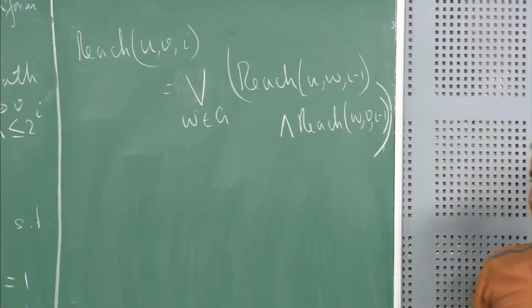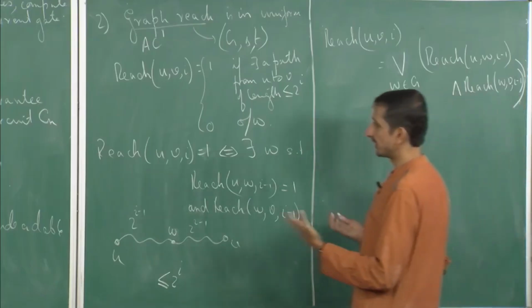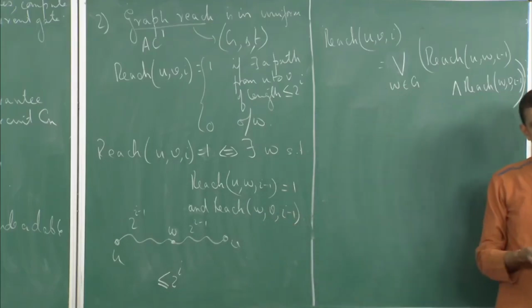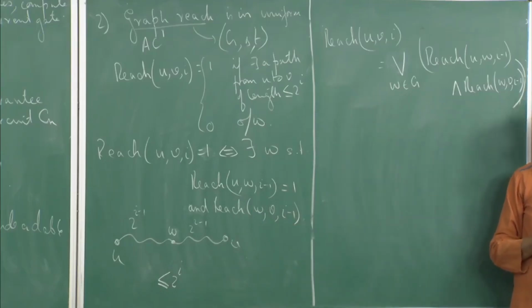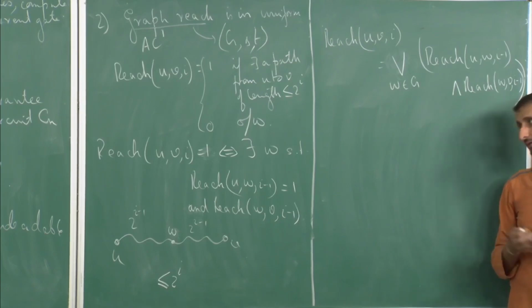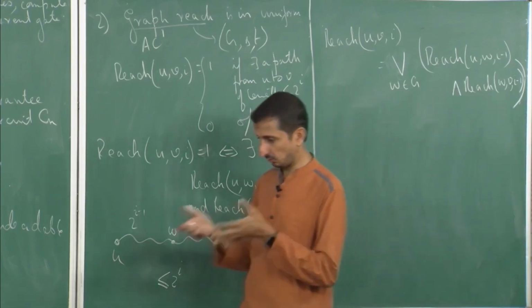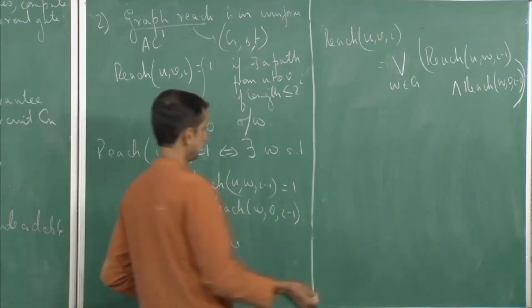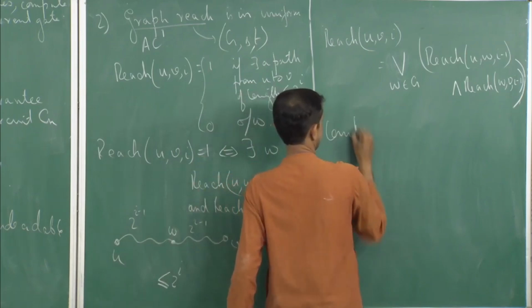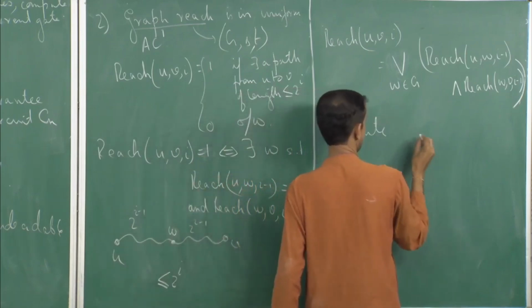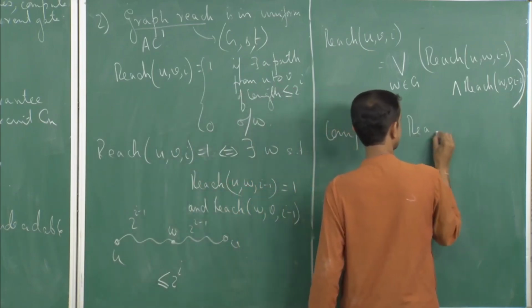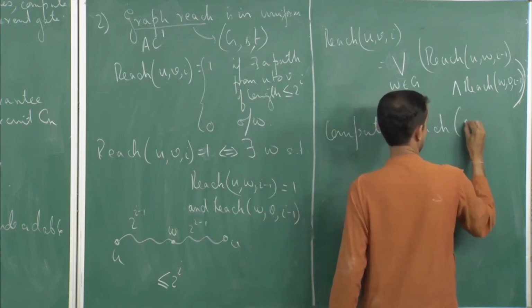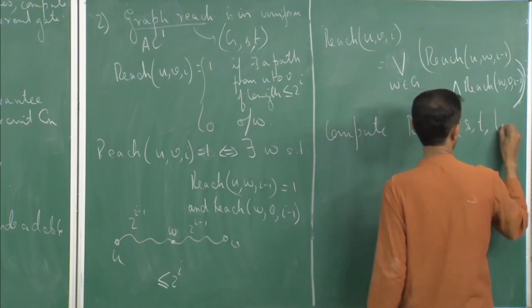Okay. So basically, and finally what do I have to compute? What would the output gate be? No, it will be an AND gate, but which gate? I mean, what is the predicate at the output gate? Exactly. So, what we need to compute is reach of S, T and log n.